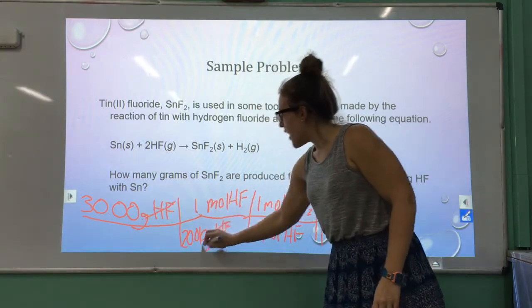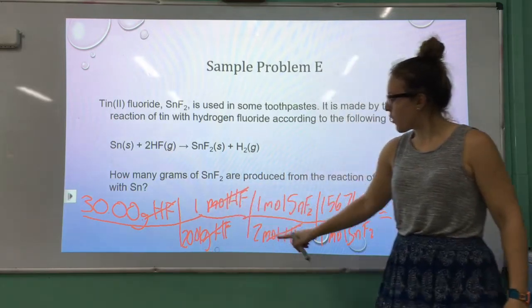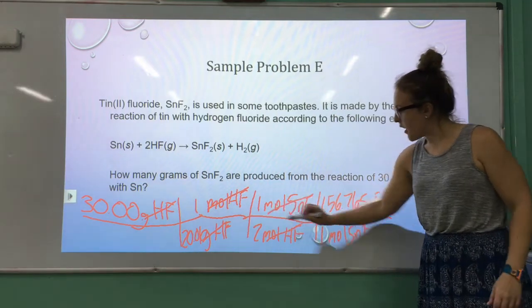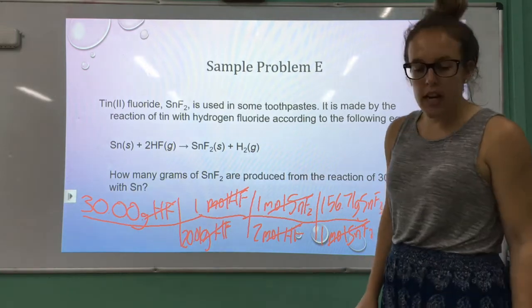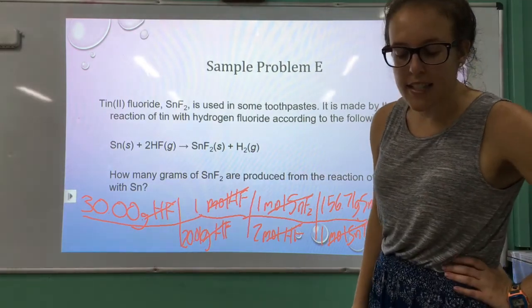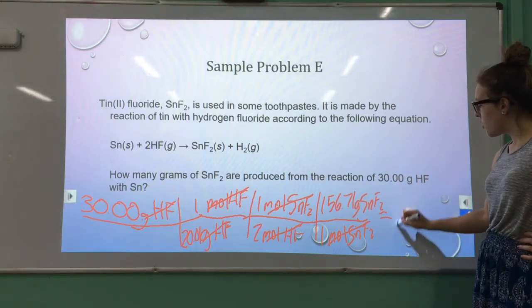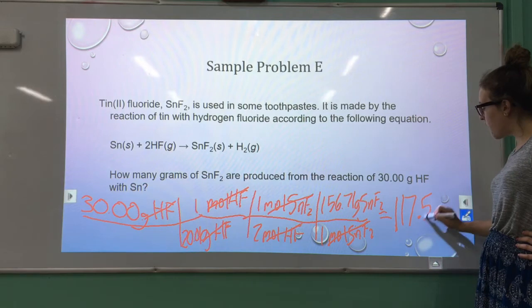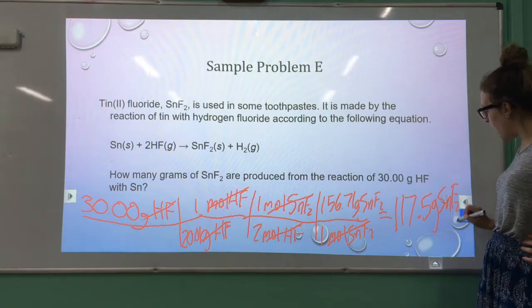Here we are dividing by the moles of hydrogen fluoride to cancel that out. And then we use the molar mass of tin(II) fluoride to cancel that out and get our answer in grams, which is 117.5 grams of tin(II) fluoride.